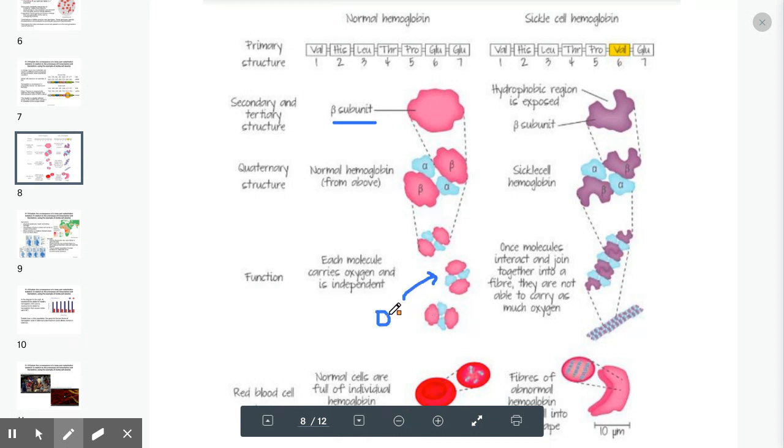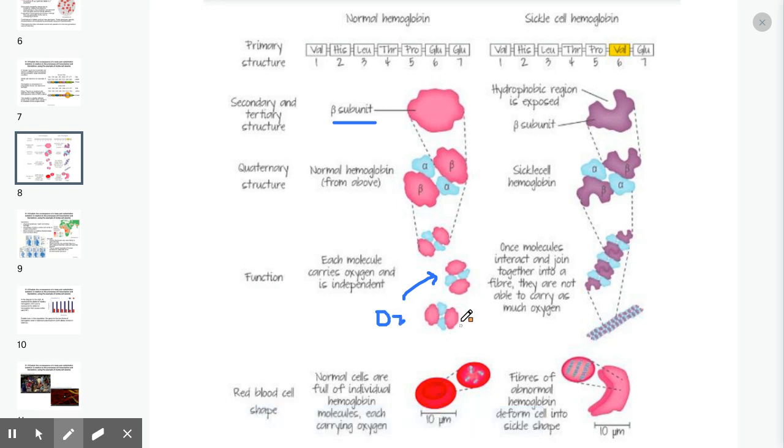It will easily connect and carry it around. So it's a very effective protein for doing its job of carrying oxygen, right? That's what hemoglobin does. Hemoglobin's job is to carry oxygen around to all the different parts of your body.